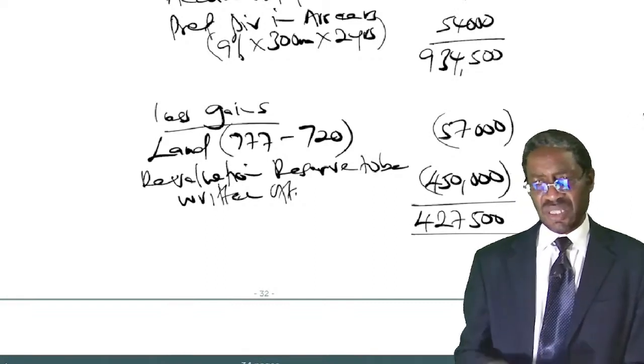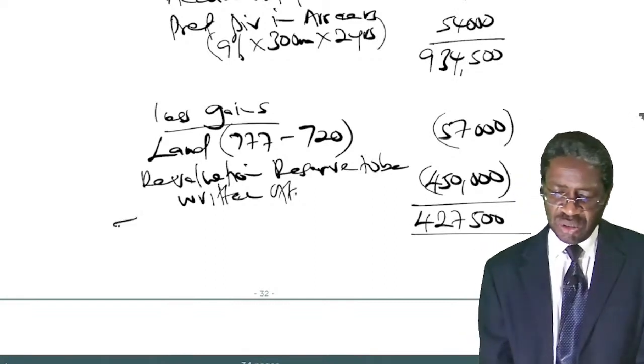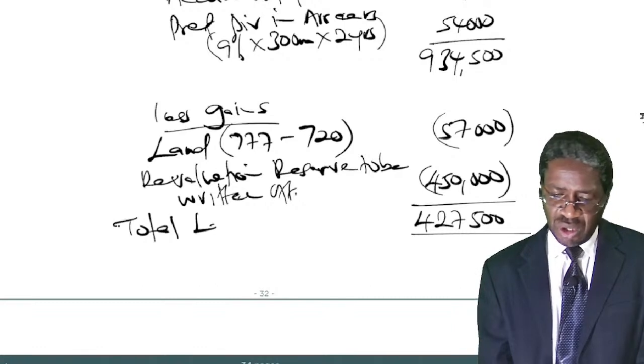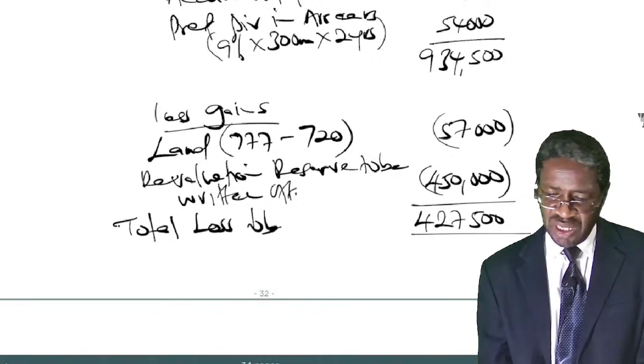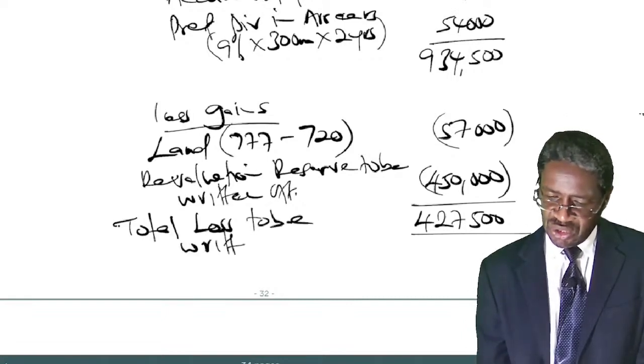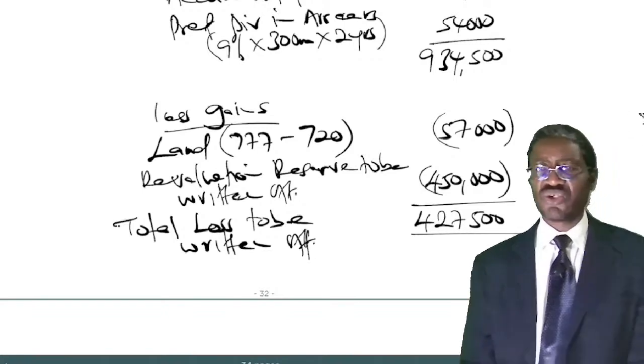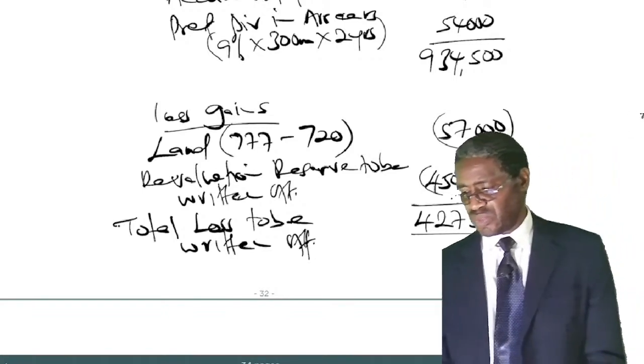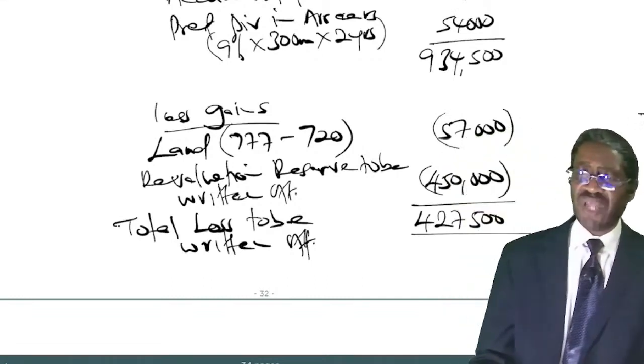That is what we can now call total loss to be written off. Good. So that's all for that step number 1.